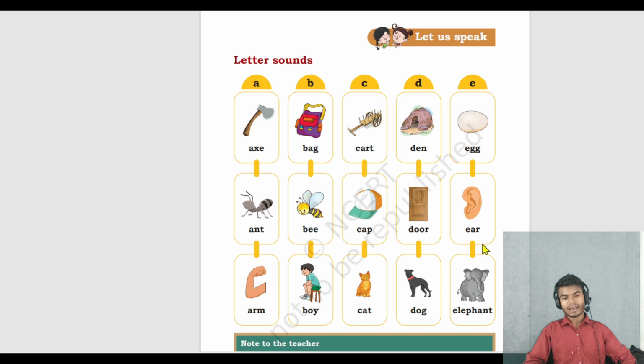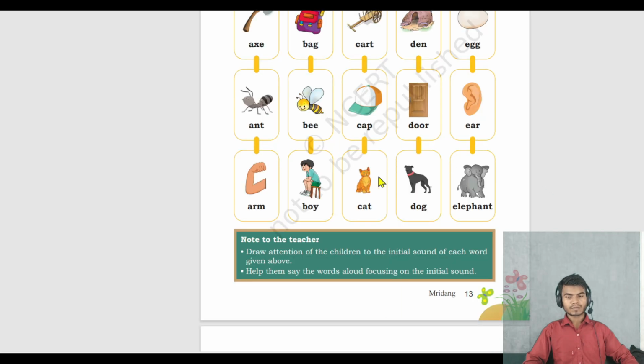E: egg, ear, elephant. Note to the teacher. 1. Draw attention of the children to the initial sound of each word given above. 2. Help them say the words aloud, focusing on the initial sound.